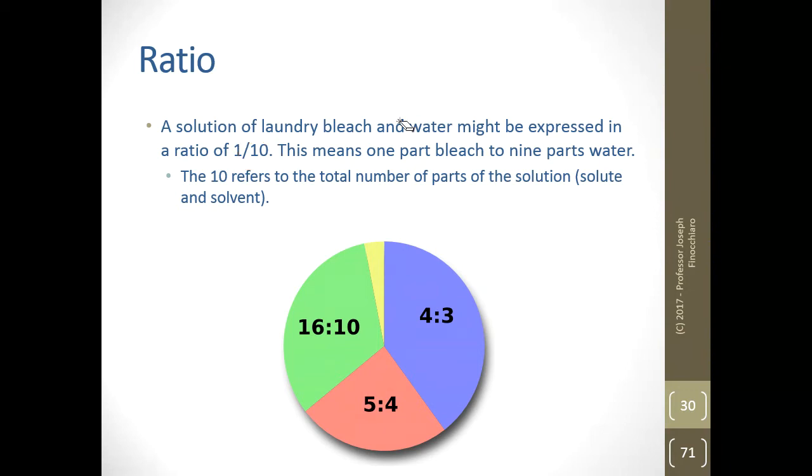So if you have a ratio and it is asking what the other thing is, for example the number of parts of water if a 1/10 ratio is called for, with 1 being your solute, it's simple. Subtract the first from the second, and that'll give you the number of parts of the missing item.